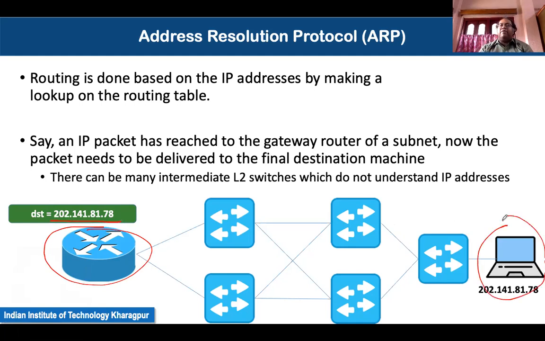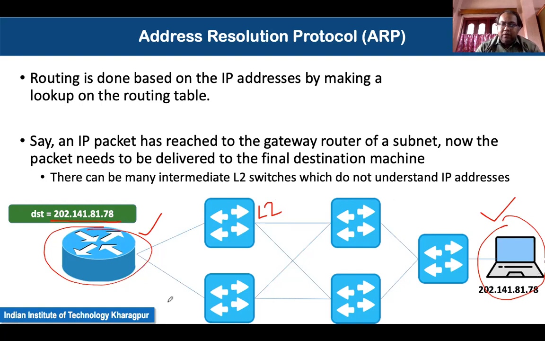Now, from our concept of network connectivity, what we have learned is that between two layer 3 devices, so this router is a layer 3 device, and this final host is another layer 3 device, there can be multiple layer 2 switches. So these squares are actually the L2 switches. These L2 switches create L2 connectivity in the network, and through these L2 switches the different devices are interconnected.